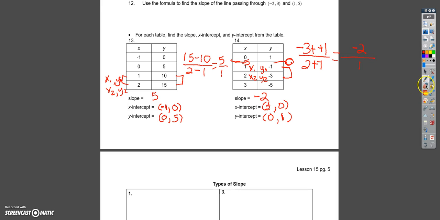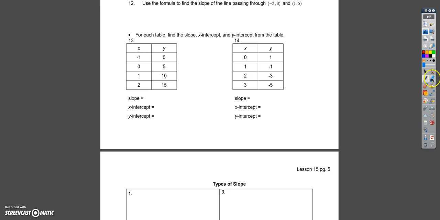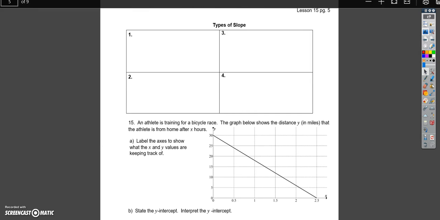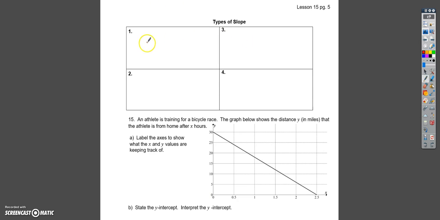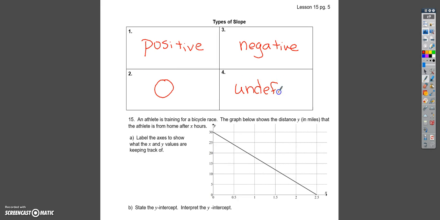Types of slope. So types of slope. You could have positive, you could have negative, you could have 0, or you could have undefined.